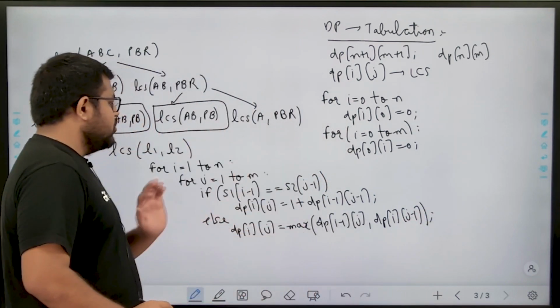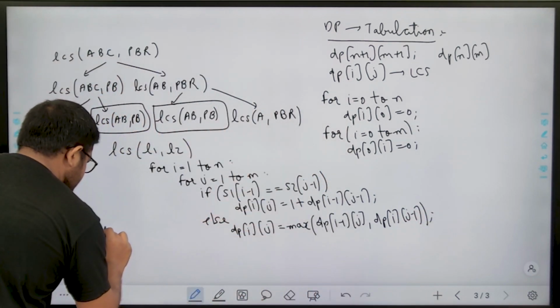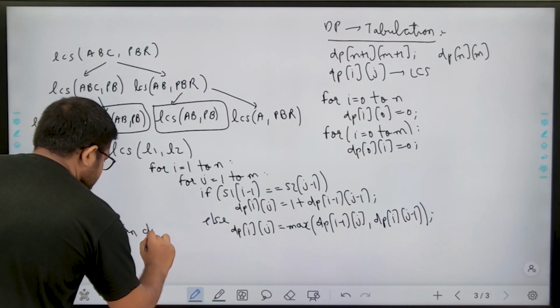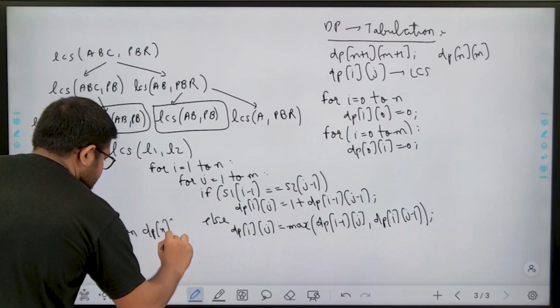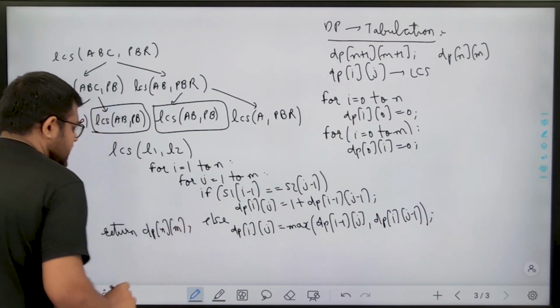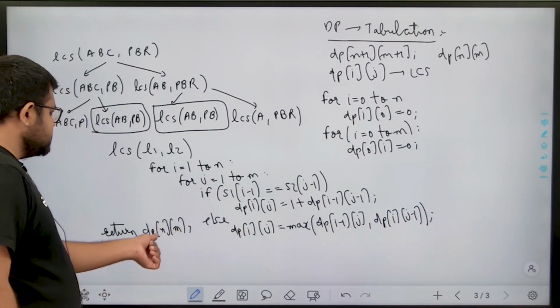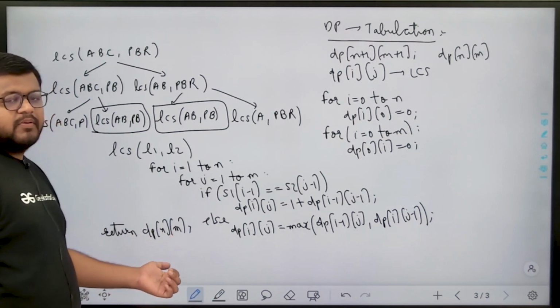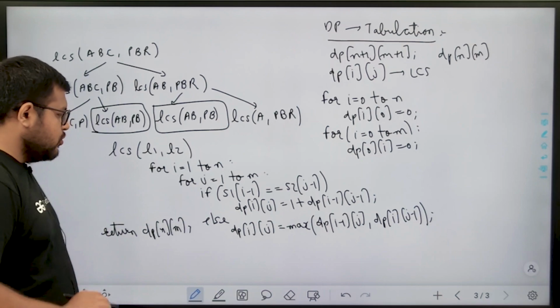In this way the whole table will be filled, and at the end we will simply return dp of n m, which denotes the length of the longest common subsequence considering n length prefix of string 1 and m length prefix of string 2, which is the whole string.